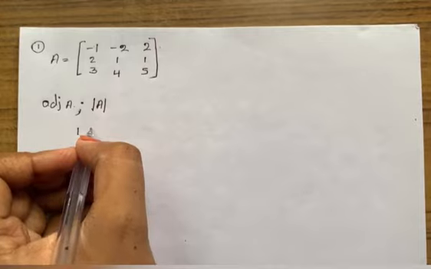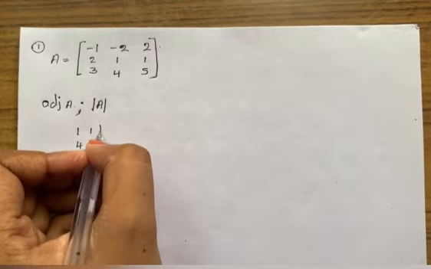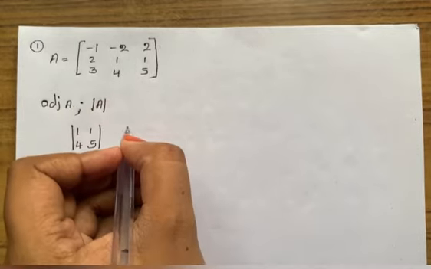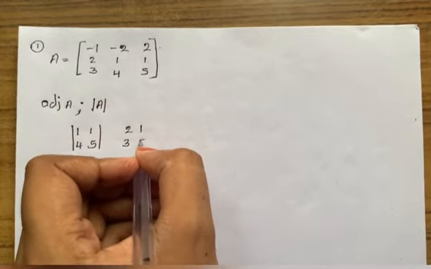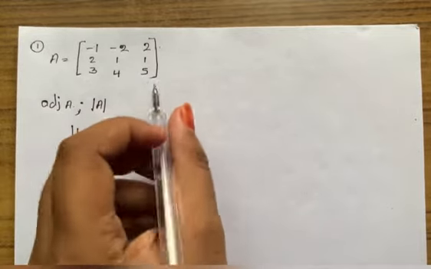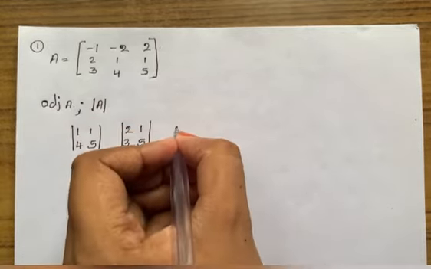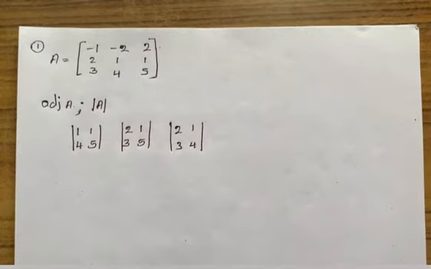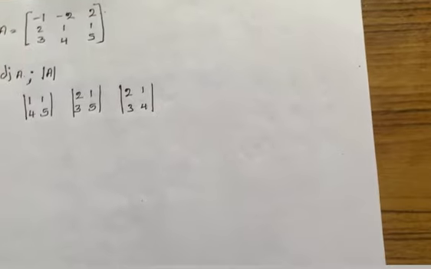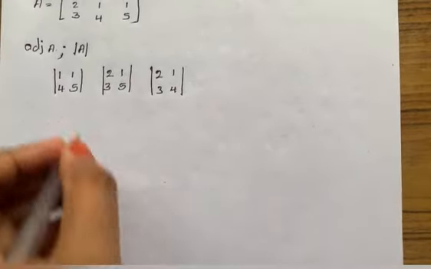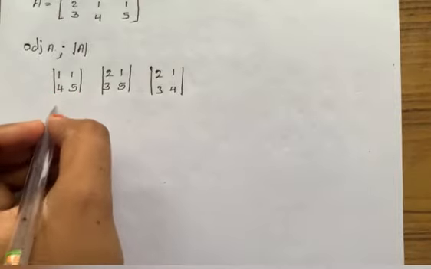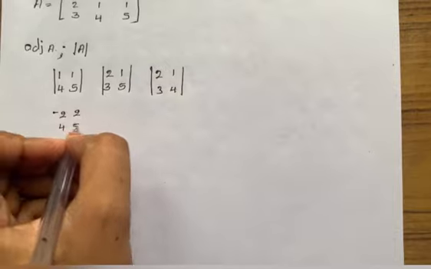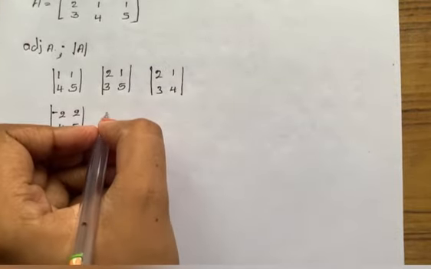So cofactor for minus 1 is 1, 1 and 4, 5. And for minus 2 is 2, 3 and 1, 5. For that we have to just take the number, hide its row and column, and write the rest of the numbers, so that the multiplication of those numbers gives the cofactors. So now for 2, that is minus 2, 2 and 4, 5.